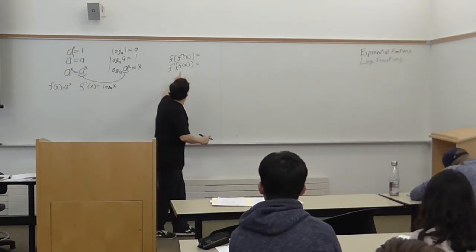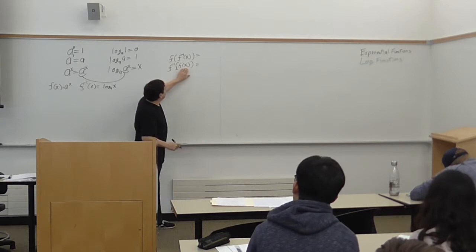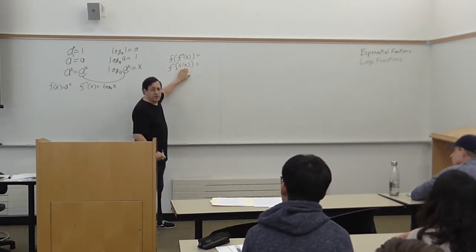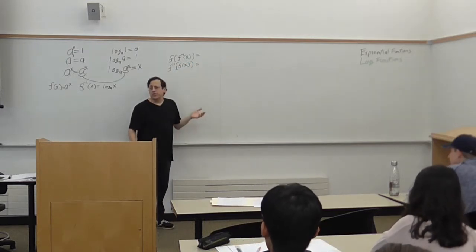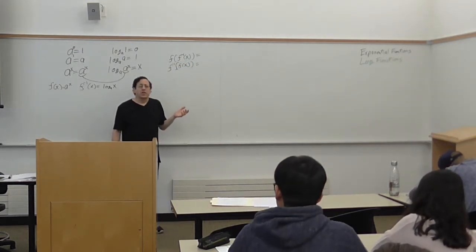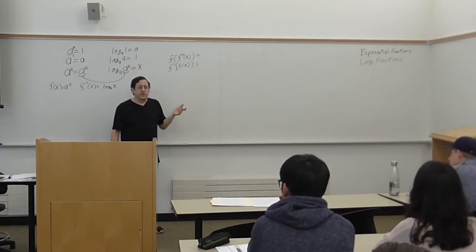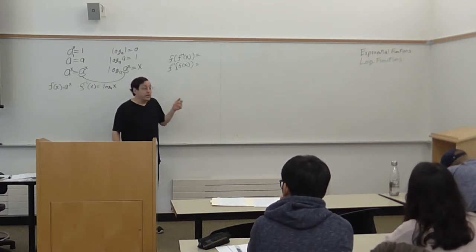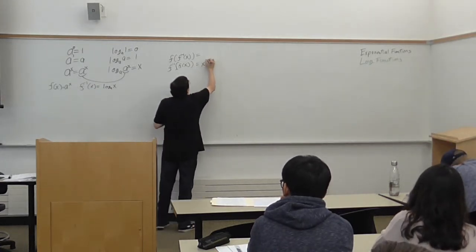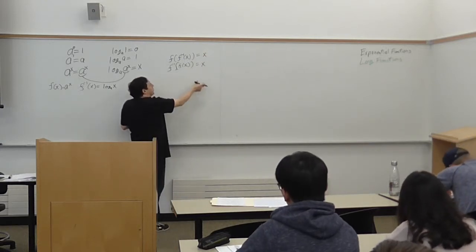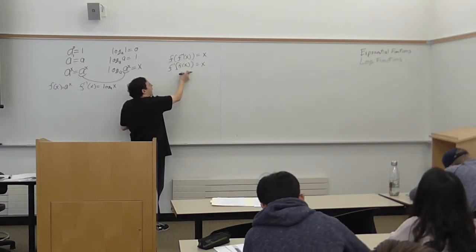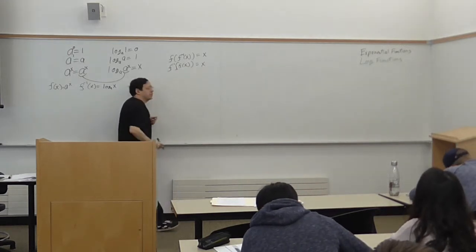If I have a function, I operate on x, and I have an inverse function, and I operate on the result of that, what does the inverse function do? They're both x. I use the function to get to my range, and then I use the inverse function to get back the original x.